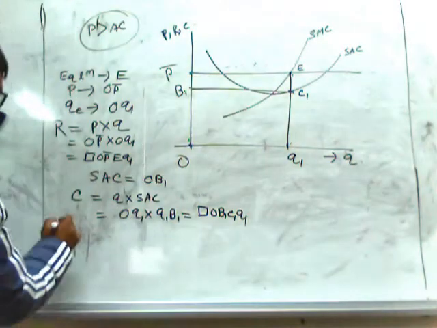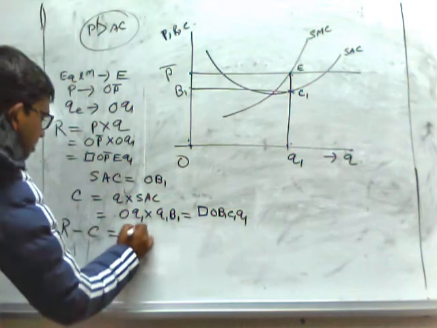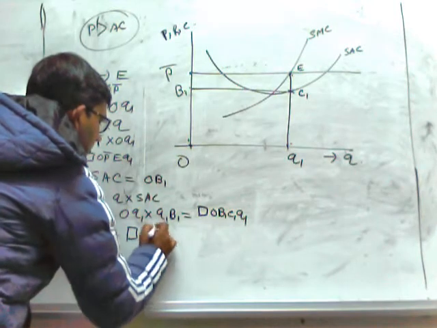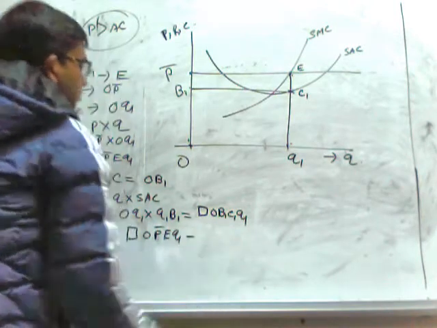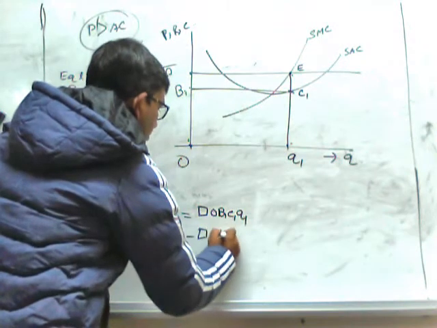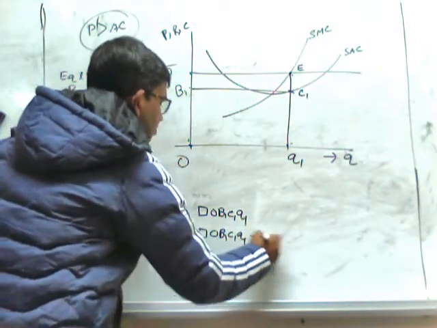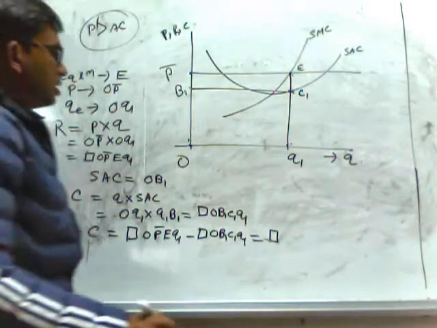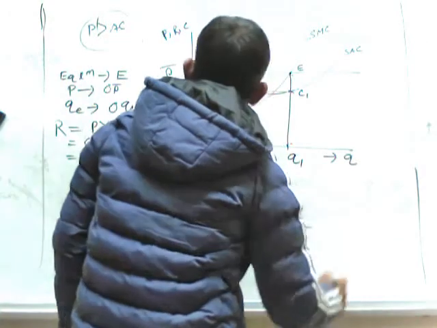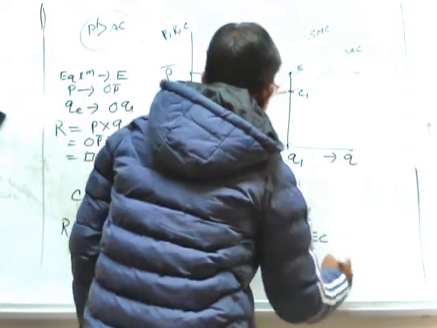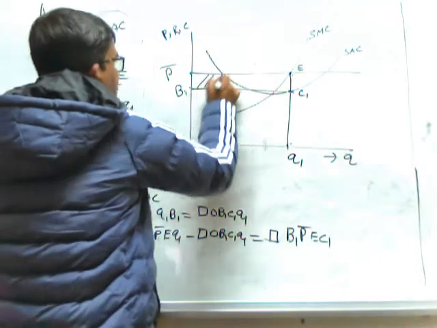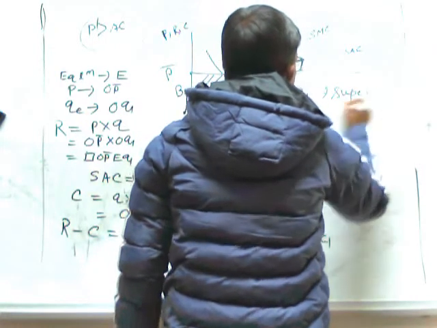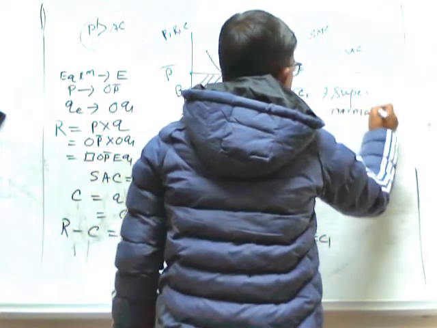So we can write R minus C equals the area of OP bar EQ1 minus the area of the rectangle OB1C1Q1. So that means the area of the rectangle B1P bar EC1. This shaded area represents what we call the case of supernormal profit.